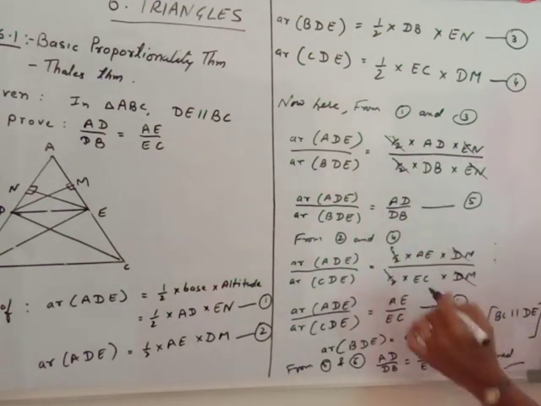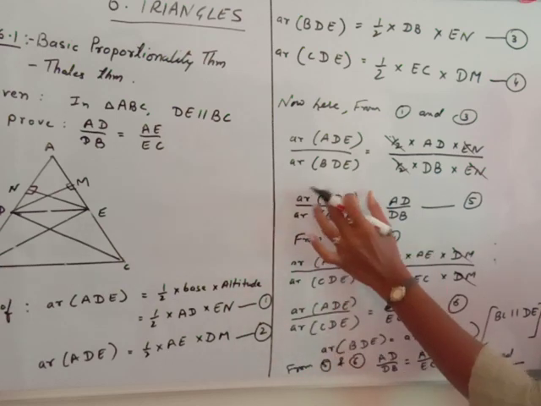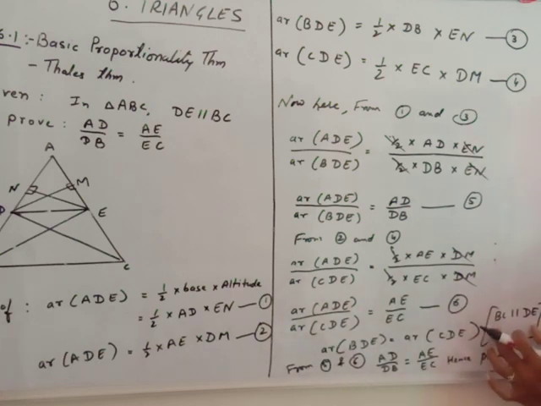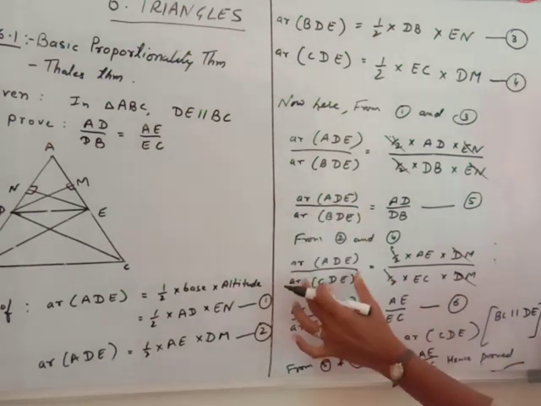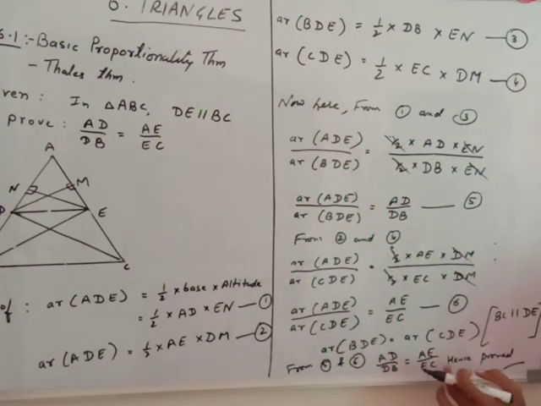Finally you will prove these two are equal. How? AD is equal to AD, but BDE is equal to CDE. You give the reason why they are equal. The reason is that BC is parallel to DE, and the triangles drawn between two parallel lines are always equal in area. So these two are the same. Therefore, AD upon DB is equal to AE upon EC. This is our BPT, that is basic proportionality theorem.